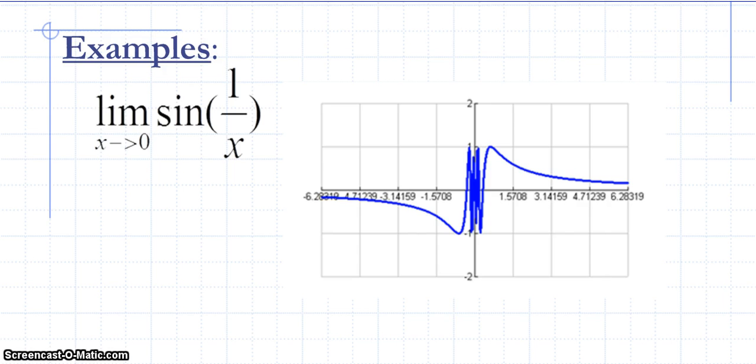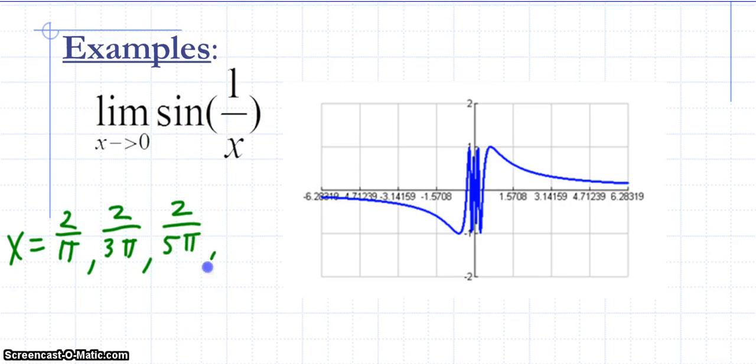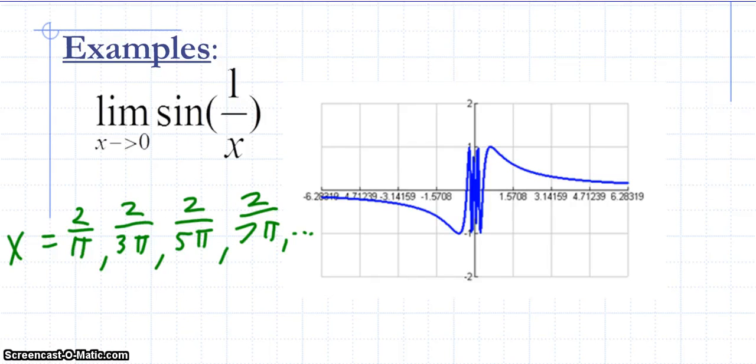Let's plug in values that are going to get close to 0 but not exactly 0. So I'm going to use all of the pi halves values. Since this is 1 over x, I don't want to plug in pi halves. I want to plug in 2 over pi, and then 2 over 3 pi, and 2 over 5 pi, and 2 over 7 pi, and so on.